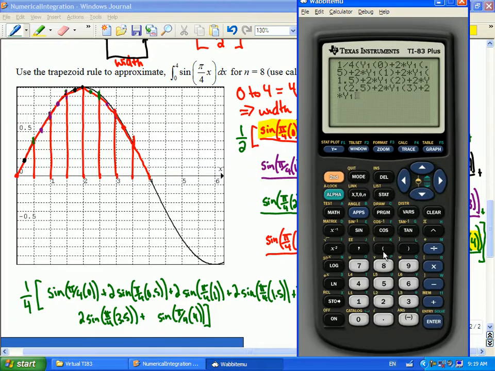Okay, so 3.5. One more. All right, did I win? Did anybody beat me? Okay, so I end up with, my approximation is 2.514.